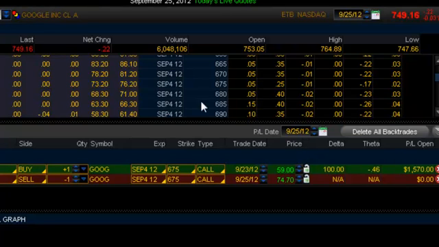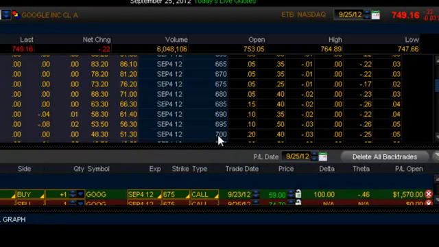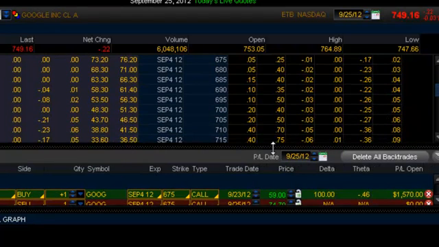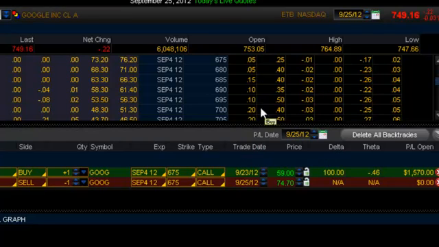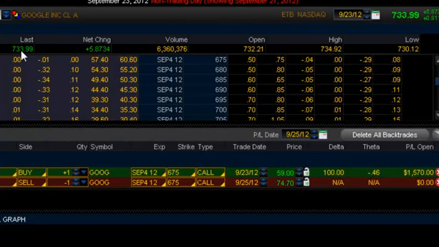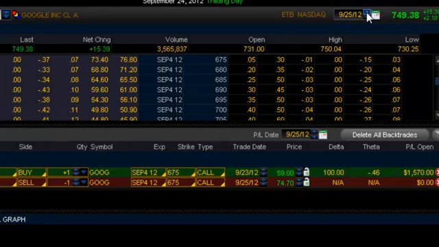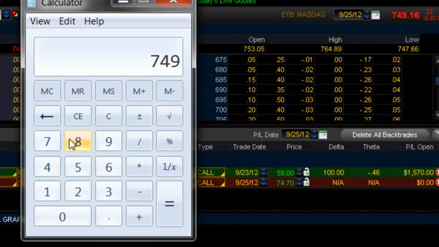All right. And so what I talked about earlier is I said some stock traders will buy in the money options as a cheaper way to take advantage of the movement in the stock. So if you look here, Google traded at 733 back then. We come forward 2 days later, it's at 749. So 749 minus 733, the stock went up $16 in those few days.